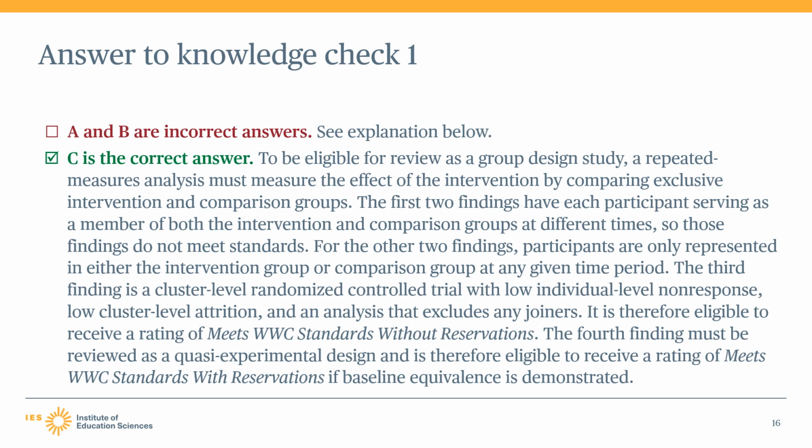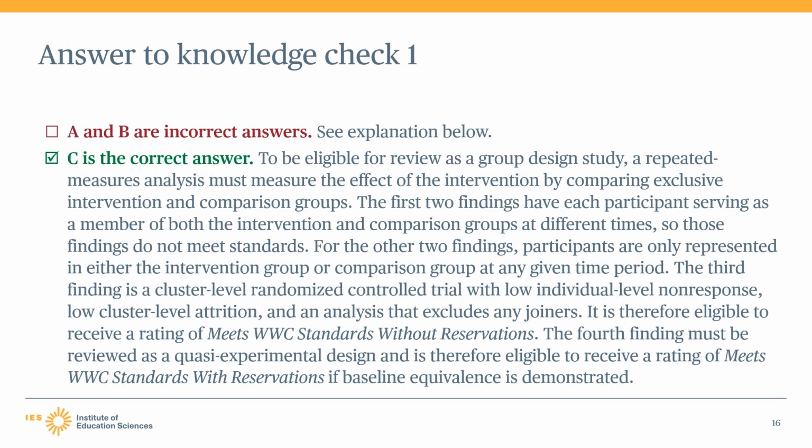The third finding is a cluster-level randomized trial with low individual-level non-response, low cluster-level attrition, and an analysis that excludes any joiners. It is therefore eligible to receive a rating of meets WWC standards without reservations.